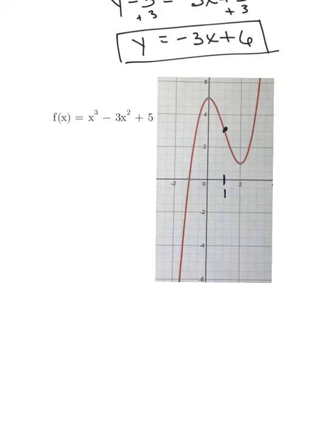And what we were finding then is the slope of this tangent line right at where x equals 1. We found the slope of the tangent line to be negative 3. Is that line going downhill? Yeah. And then the other thing is the equation of that tangent line would be negative 3x plus 6. That was what we found by doing question B.